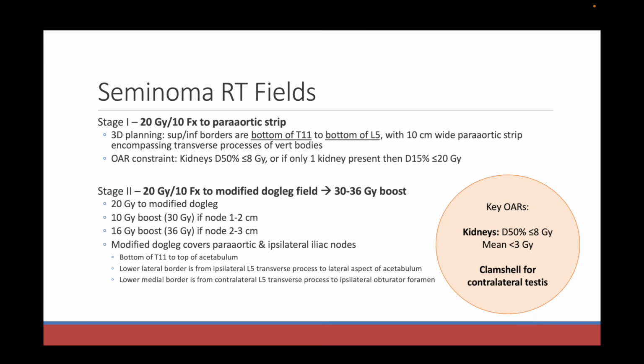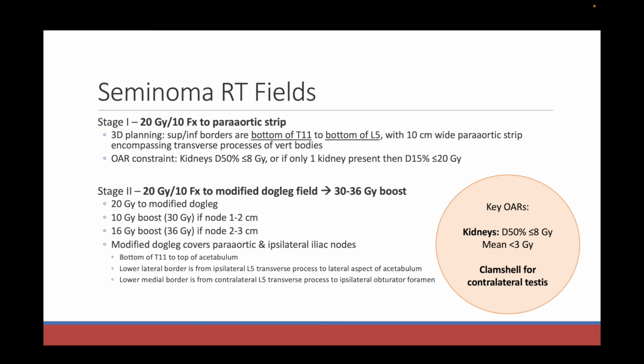So you should be able to describe your radiation fields for seminoma. And if you're doing stage 1, you treat 20 gray in 10 fractions to the para-aortic strip. And the field for the para-aortic strip, if you're doing 3D planning, goes from the bottom of T11 to the bottom of L5. And you want a 10 centimeter wide para-aortic strip that encompasses the transverse processes of your vertebral bodies.